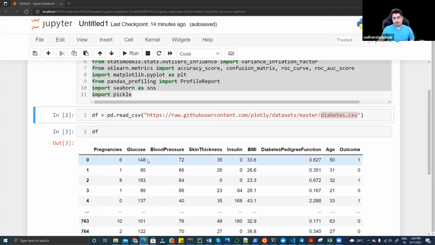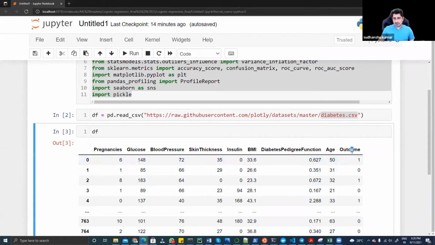So here, if we have to find out whether a person is diabetic or not diabetic, here is a column given to you, an outcome column, and we can consider this column as the Y column, or the label column, where labels are given to you. Now, these labels 1 and 0 depend upon these multiple factors.